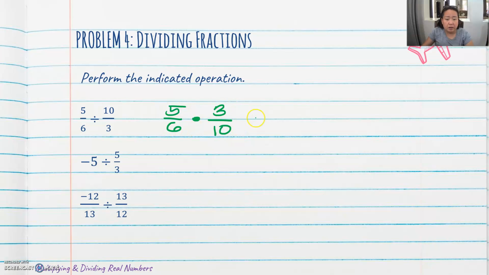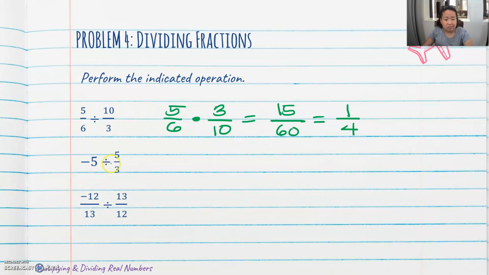We multiply across: 5 times 3 is 15, and 6 times 10 is 60. We always need to simplify our answer. 15 over 60 is 1 over 4. Since we are multiplying positive numbers, our answer is positive 1 over 4.